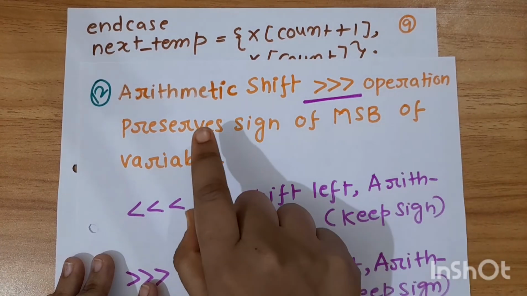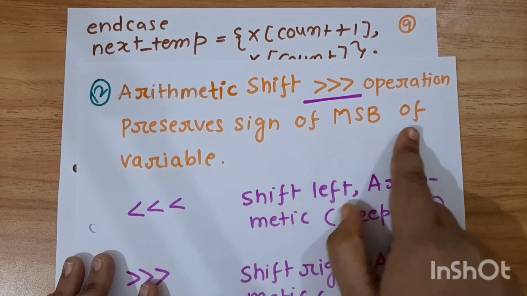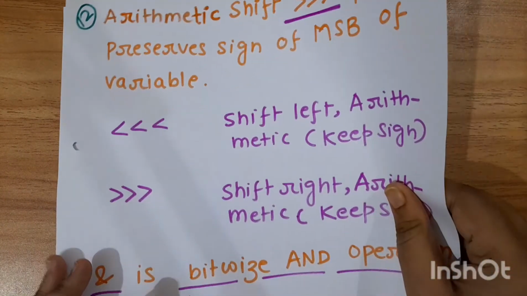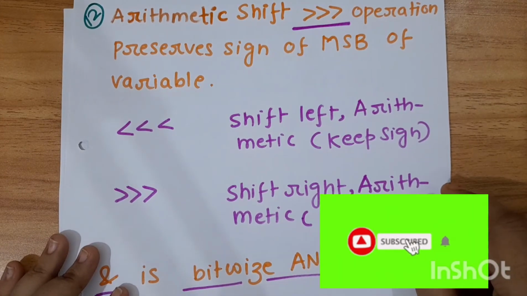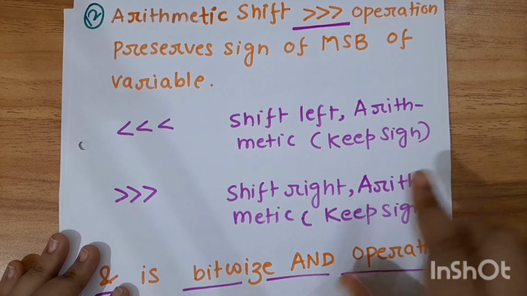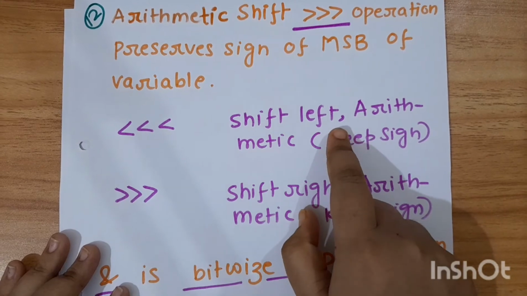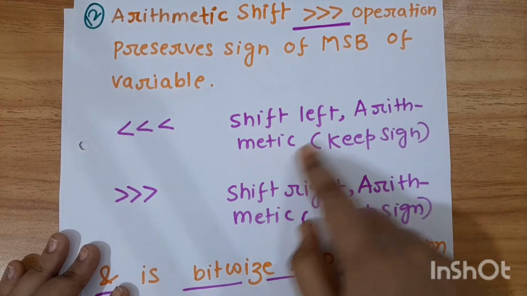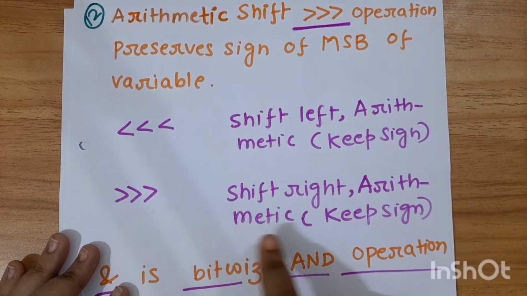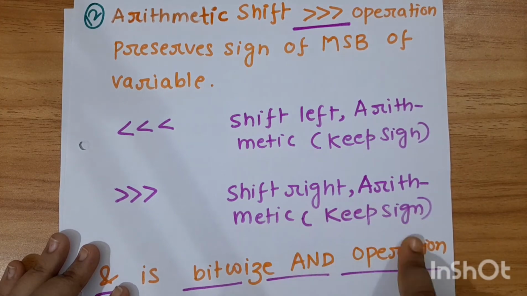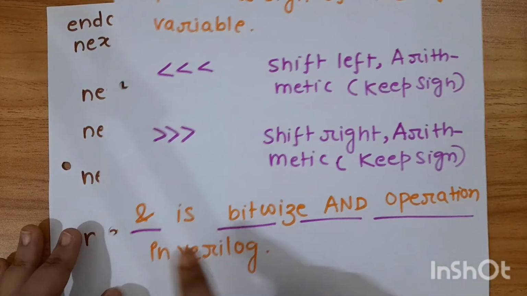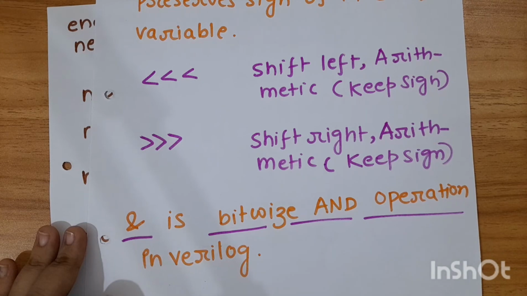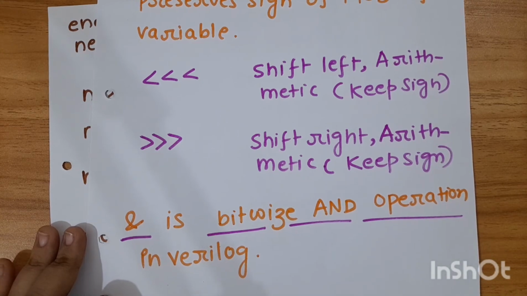It preserves the sign of the MSB of the variable. Okay, it preserves the sign of the MSB of the variable. So this is the arithmetic shift left where we keep the sign, and this is the arithmetic shift right where we keep the sign. And & is actually a bitwise AND operator in Verilog.